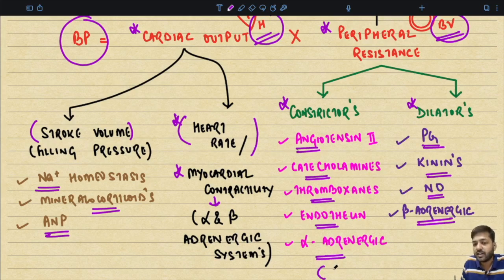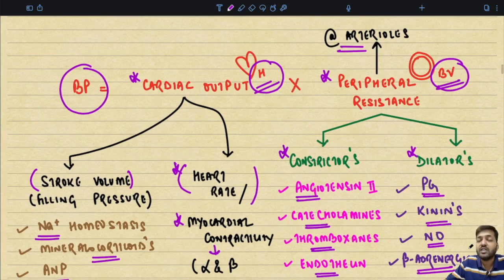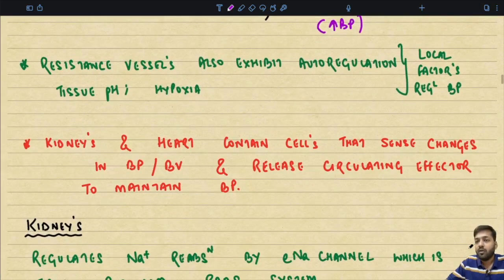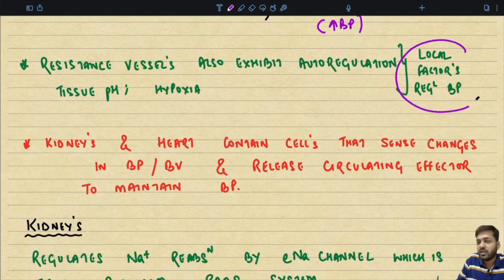So constrictors are going to increase the blood pressure, whereas the dilators are going to bring down the blood pressure. These are some of the very important determinants of the blood pressure. There are two important determinants. One is the cardiac output, another one is the peripheral resistance. Cardiac output is at the level of the heart and peripheral resistance is at the level of the blood vessels. Now there are certain local factors which are also regulating the blood pressure at the level of the blood vessels.